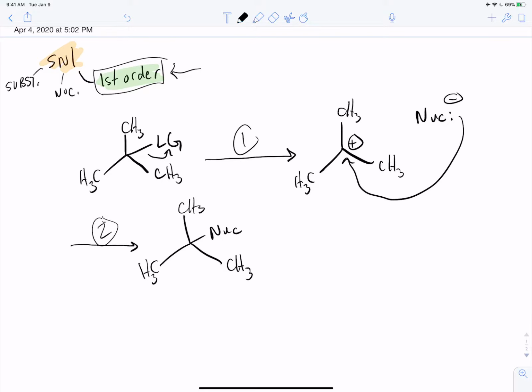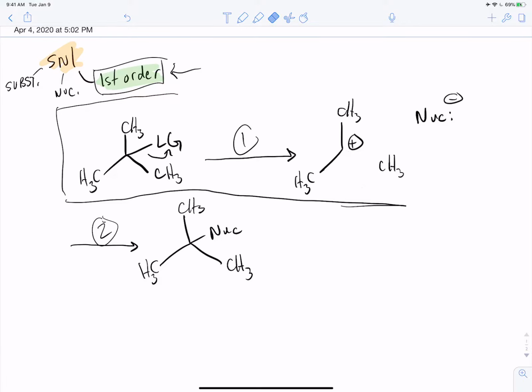And so when we look at this reaction, the rate determining step is this. As you might imagine, it takes a long time, or it's a very slow step.